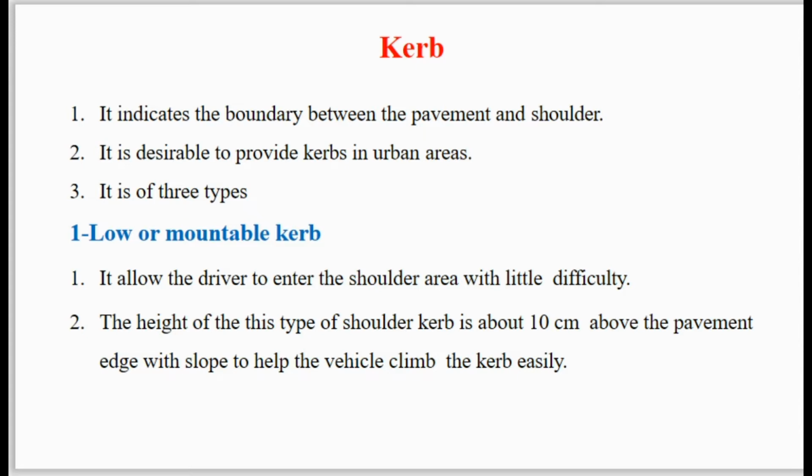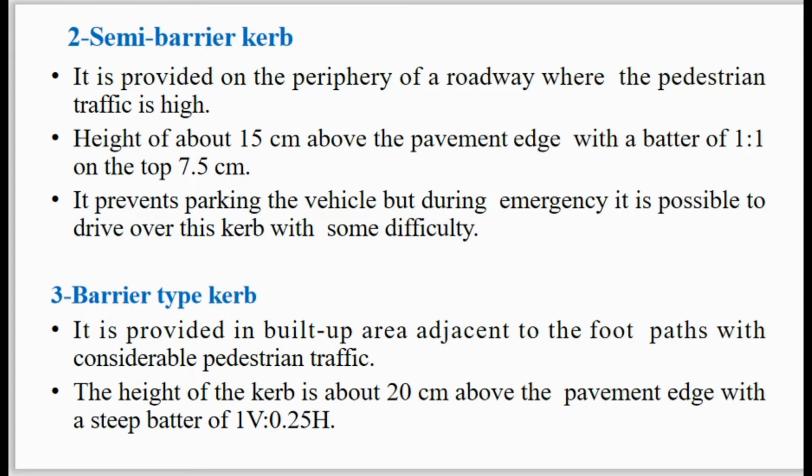The next type is the semi-barrier curb. The semi-barrier curb is provided on the periphery or the boundary of the roadway where the pedestrian traffic is high, and its height is about 15 centimeters above the pavement edge with a slope of 1:1 on the top up to 7.5 centimeters.